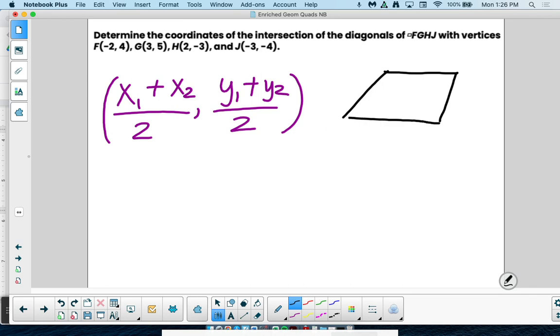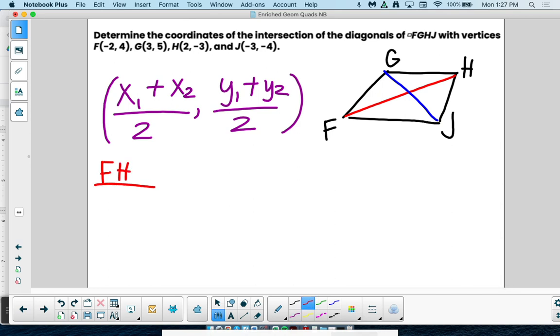And I'm going to draw a little picture just so we have a visual. Here's my terrible parallelogram, F, G, H, J. So how do I know which pairs of ordered pairs to use? Which two go together? Here's one diagonal, FH. What's my other one? G and J. So let's find it for FH first.